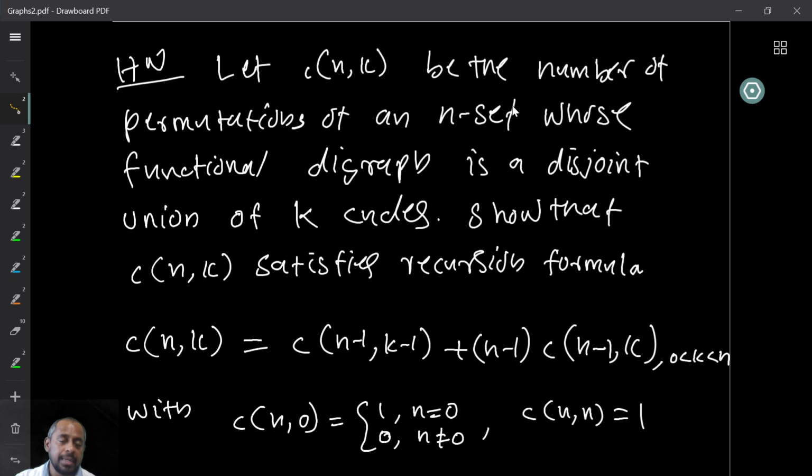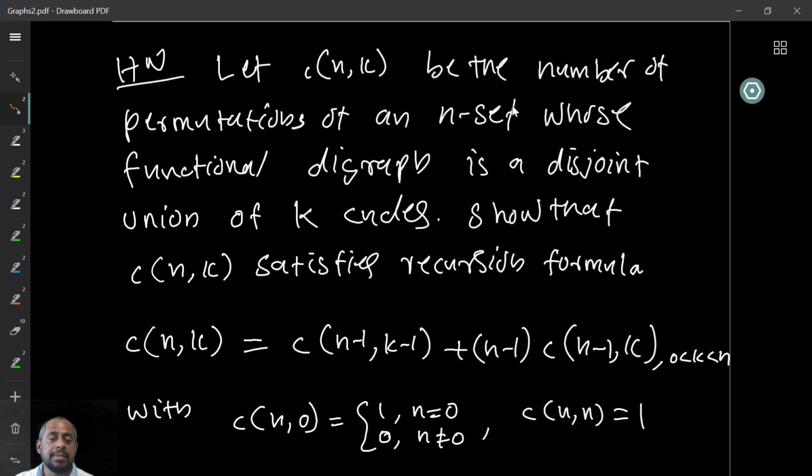C(n,k) is equal to C(n-1,k-1) plus (n-1) times C(n-1,k) for k strictly between 0 and n, with the initial conditions C(n,0) is equal to 1 if n is equal to 0, and it's equal to 0 if n is not equal to 0, and C(n,n) is equal to 1. So these are the initial conditions, and then you can try to prove that C(n,k) satisfy this recursion formula.